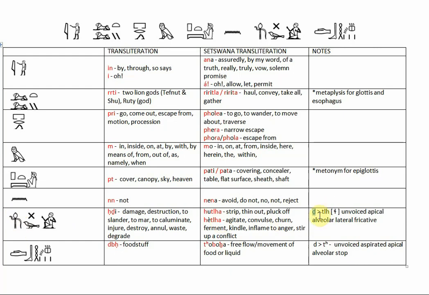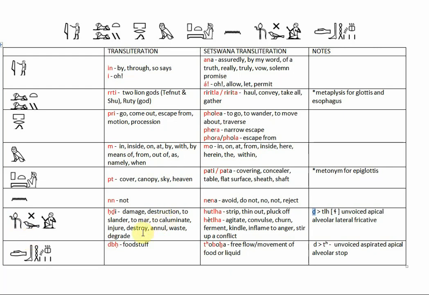We have the ch sound. It's not that it's missing in Setswana. It's just that in other applications, there is a change of the sound in order to create new words, so that there is not a confusion between words, but using the same symbol.